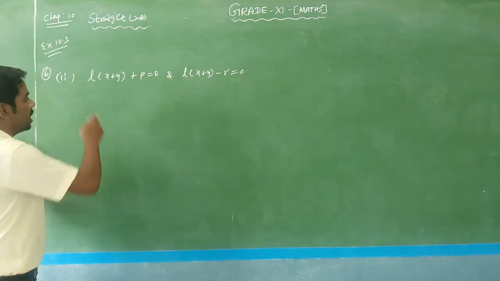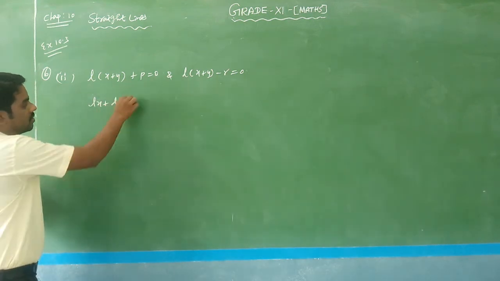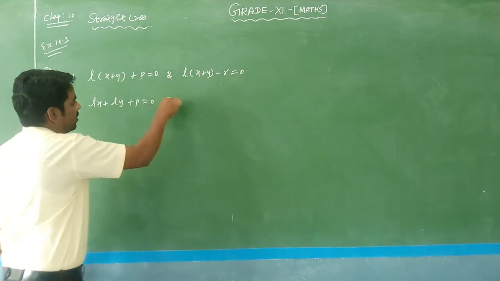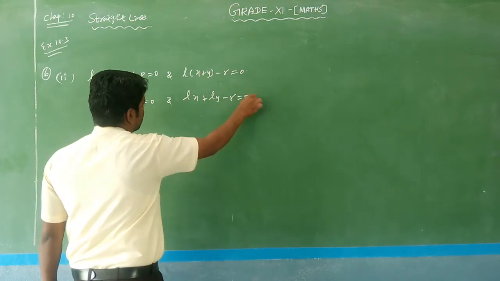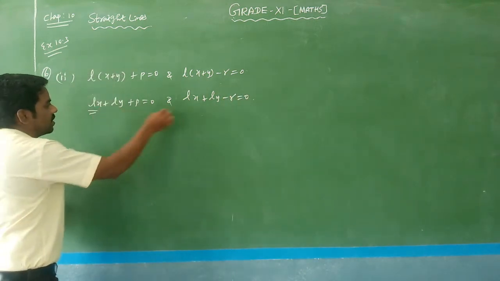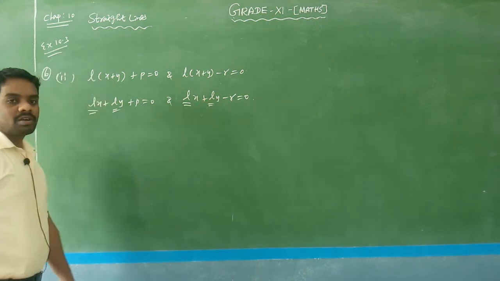See here, Lx plus Ly plus p is equal to 0 and Lx plus Ly minus r equal to 0. Here the x coefficient is the same and the y coefficient is also the same. So only the constant is different.